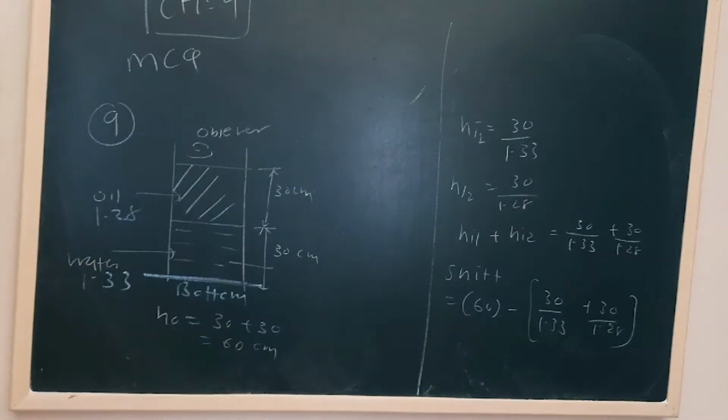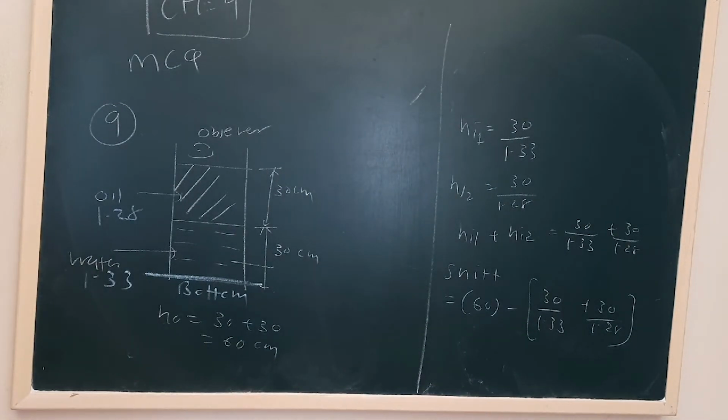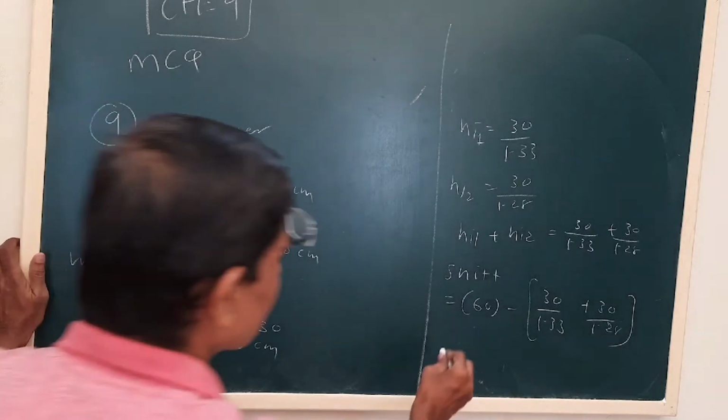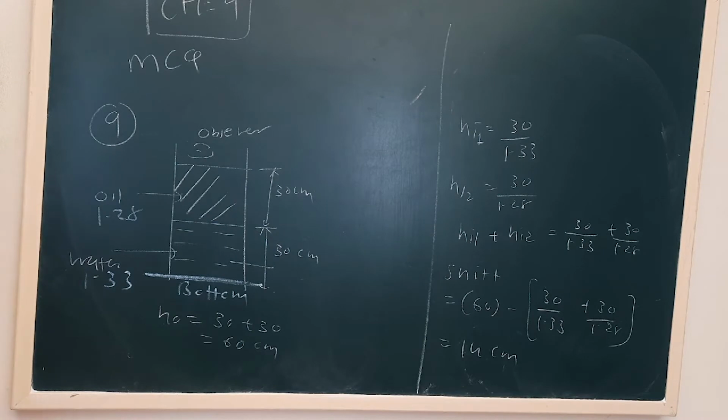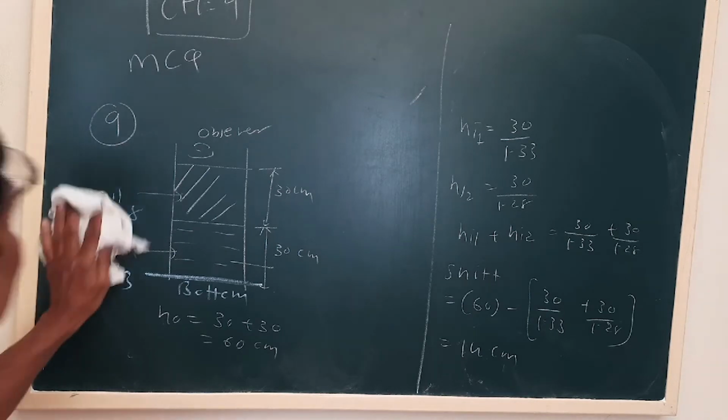Okay, now if we solve, it turns out to be 14 centimeter. Okay, this is how we have to solve. Here we have to use the formula 2 times. Now see the next MCQ.